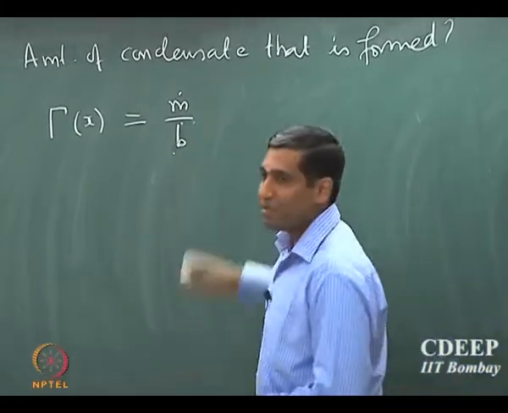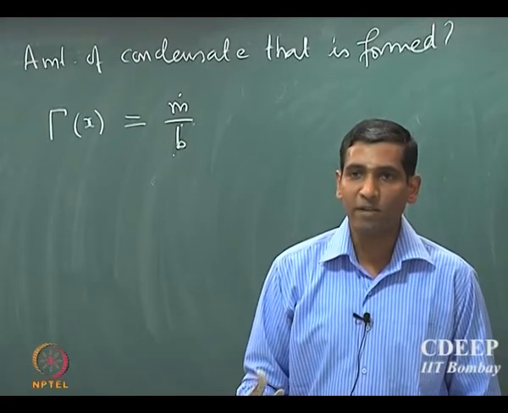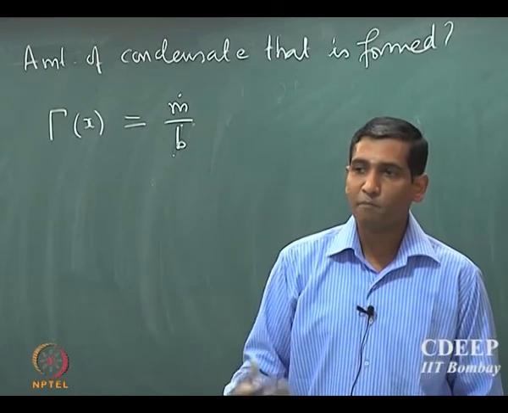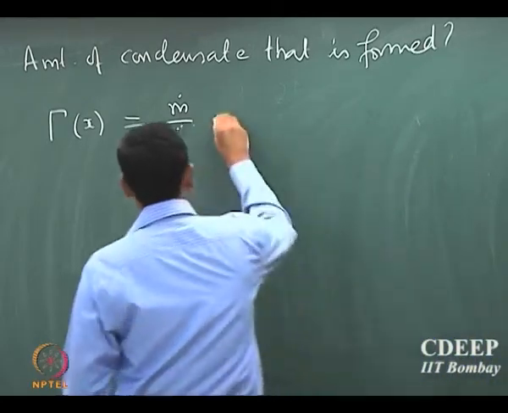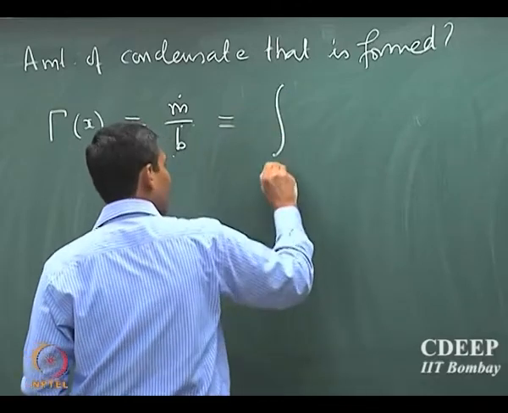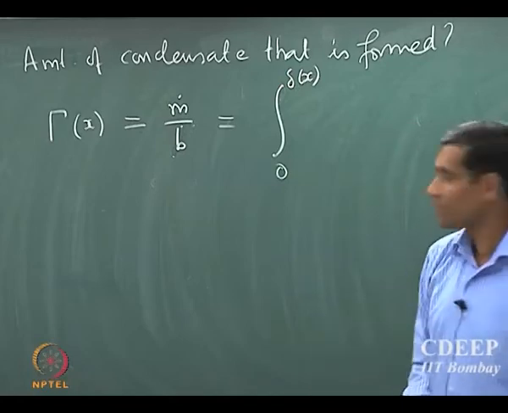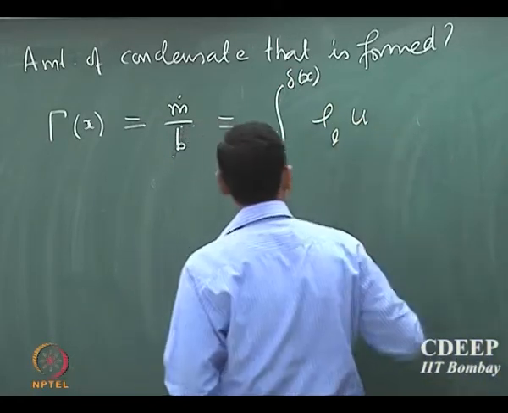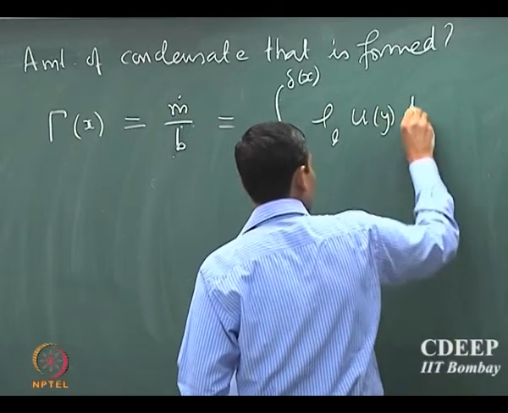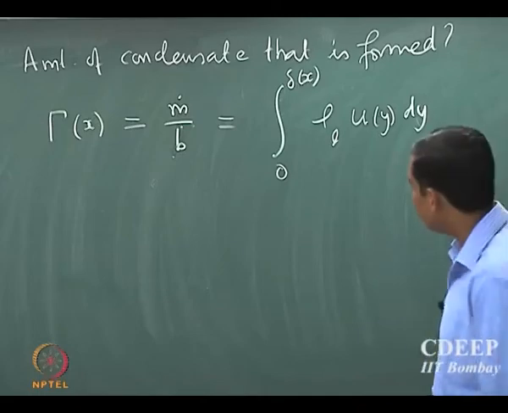So m dot by b is the rate of condensate formation per unit length outside the board. That will be the integral from 0 up to the boundary layer thickness of the density of the liquid multiplied by the local velocity into dy. That is not difficult, we know how to do that.